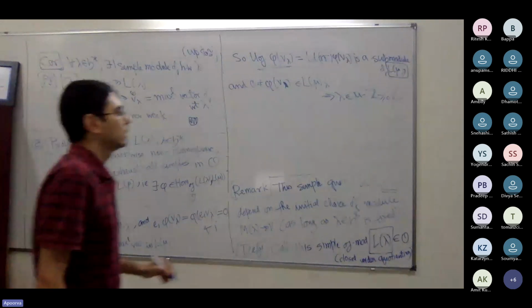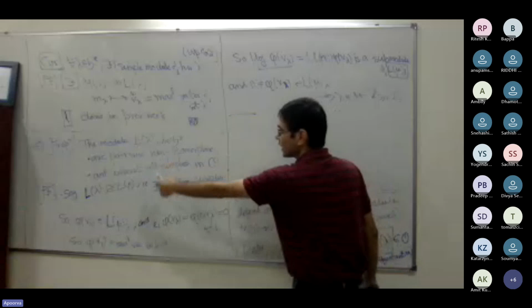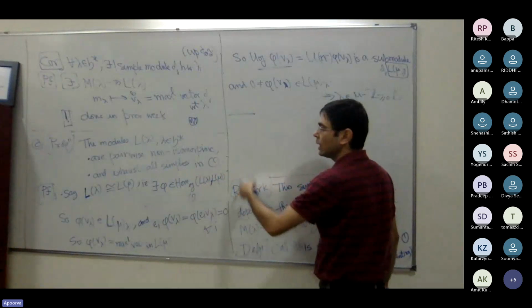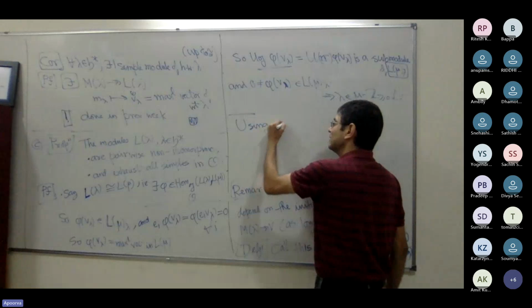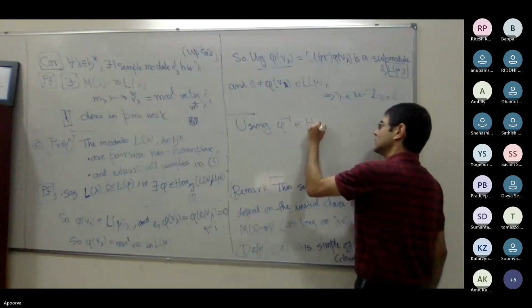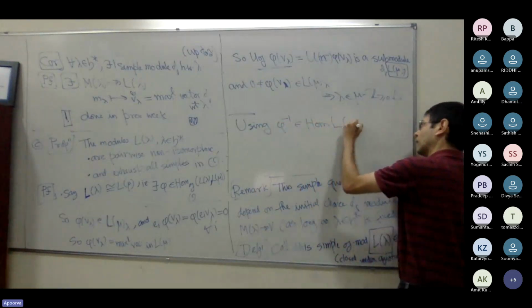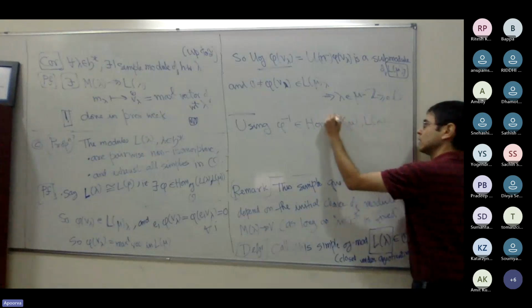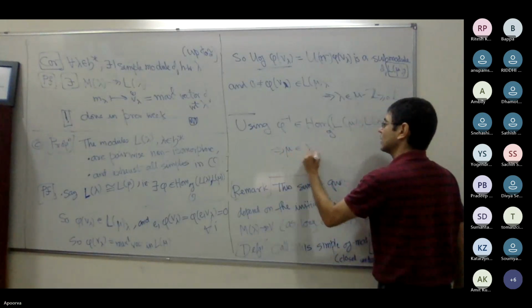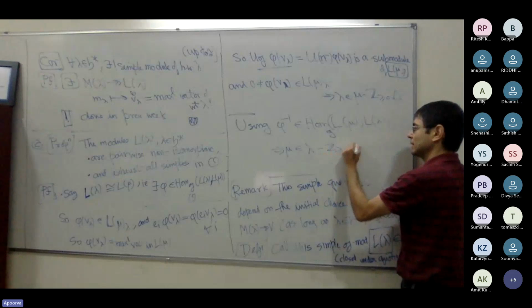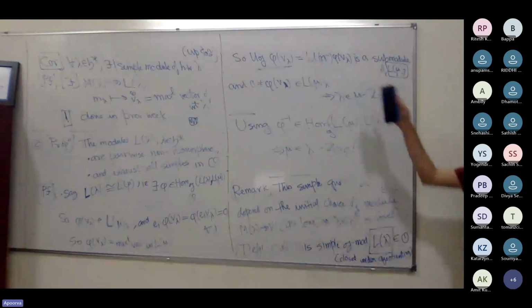And then there is one question I will ask. So now I have done this for the isomorphism going from L lambda to L mu. But because it's an isomorphism, one can do the same thing using phi inverse. And from that we get that mu is less than lambda, meaning it belongs to lambda minus x, by the same argument.